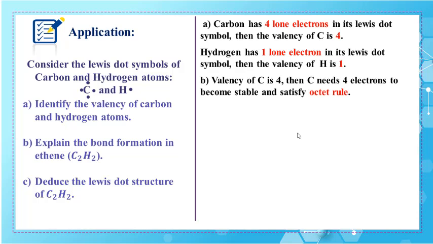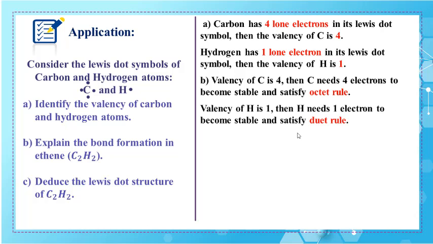In explaining the bond formation, we say that the valency of carbon is 4, then carbon needs 4 electrons to become stable and satisfy octet rule, and the valency of hydrogen is 1, then hydrogen needs 1 electron to become stable and satisfy duet rule.